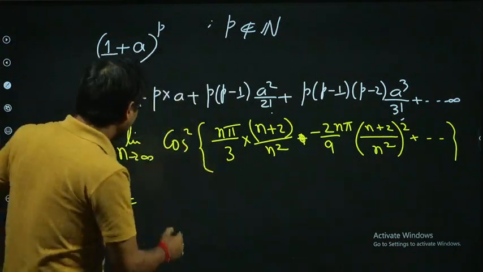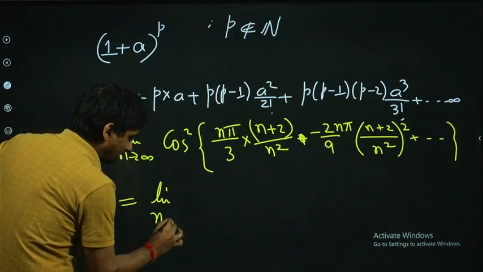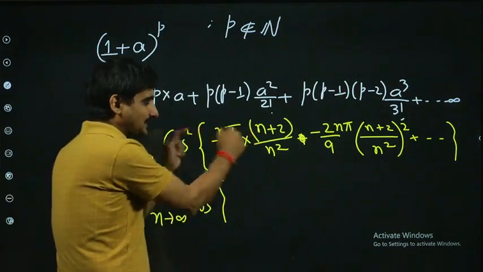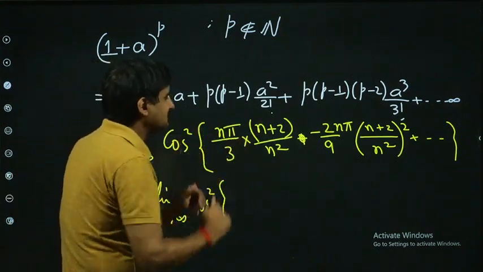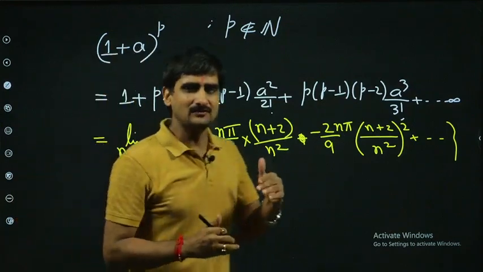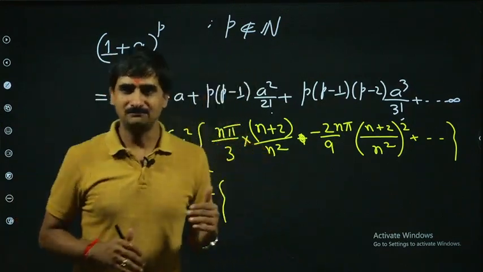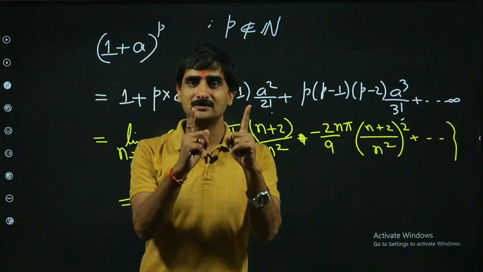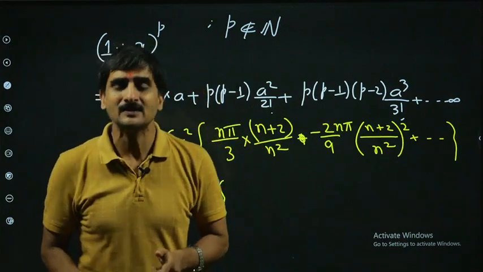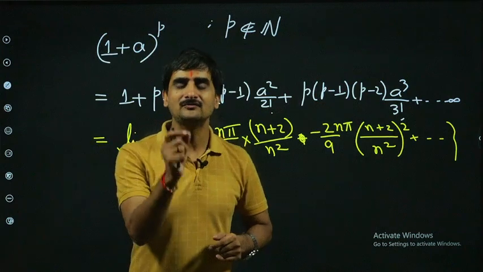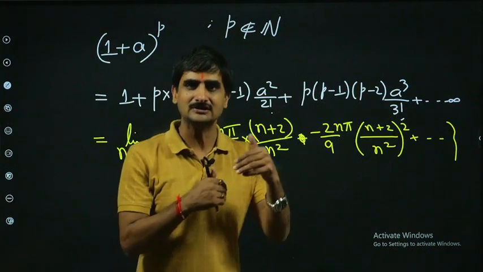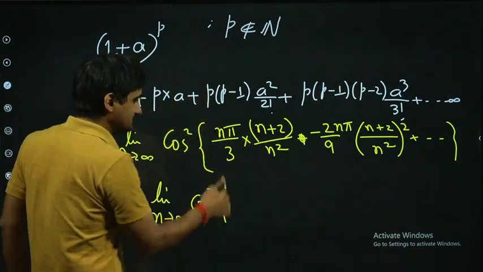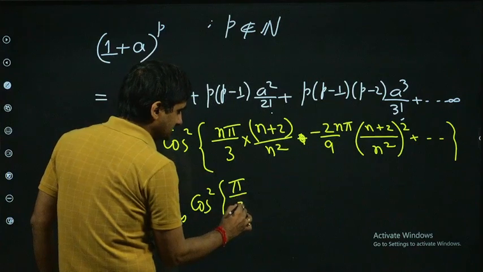So we will get something as a finite value from the first term. वैसे भी when we are solving infinity by infinity form and we have polynomial in both numerator and denominator, and if the degree of polynomial in both numerator and denominator is same, then the answer is the ratio of the highest degree term coefficients. So it's simply pi here and this is 3 here.